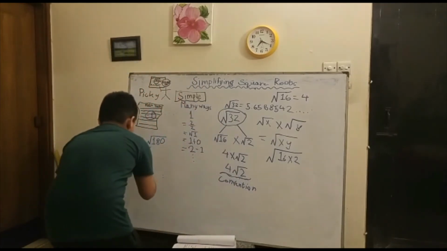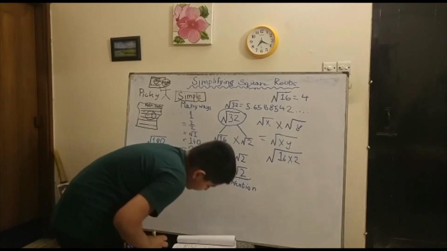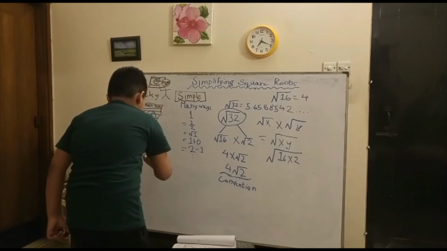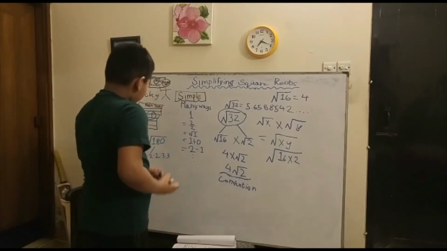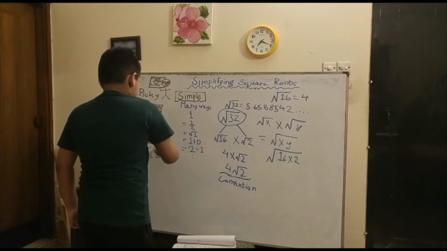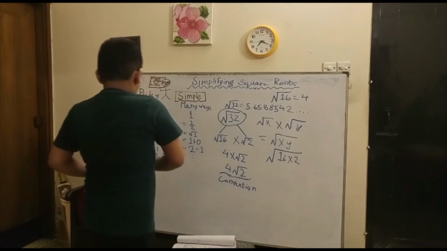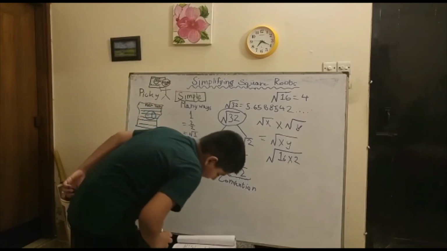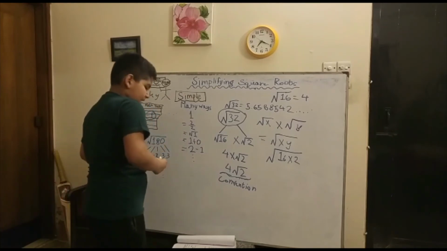This can be expressed as 2 times 2 times 2 times 3 times 3, the 180 part. So that would be the answer, I guess.